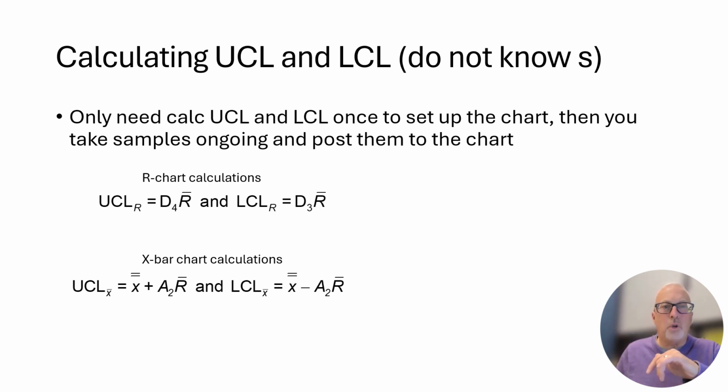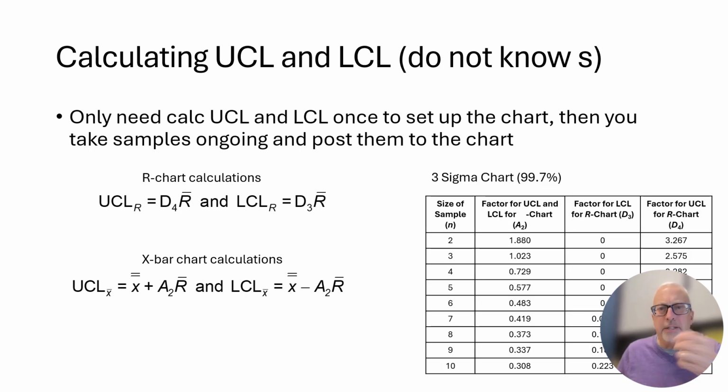Those all come from this chart that's talked about in the text, a statistics chart. Here it is. It's available in the back of every operations management text ever written, and it's available on the internet. It's a standard statistical table, just like the Z table and the T tables you've used previously in statistics. This table is specifically designed to calculate UCLs and LCLs.